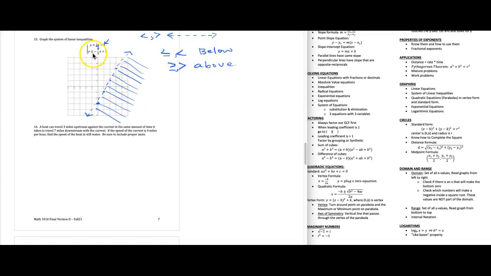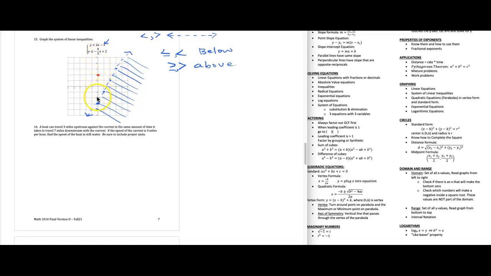Okay. All right, so now I'm going to do the other one in a different color. So let me get rid of that because it was kind of hard to read what was going on there. Okay, so I'm going to start here with +2 on my y-intercept, so that's here. And then from there, I'm going to go down 4, because I've got that -4 there, and then right 3.